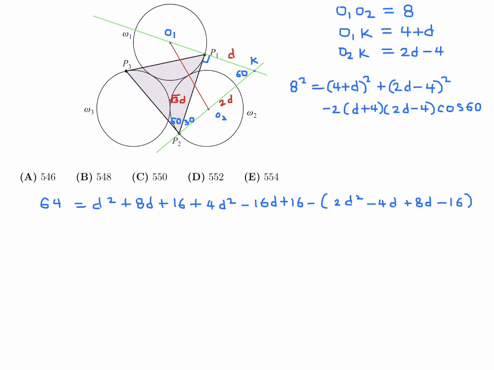Okay, so now we just have to collect like terms. So 64 is equal to d squared, 5d squared actually, this guy and this guy. And then minus 8d plus 32 minus 2d squared.